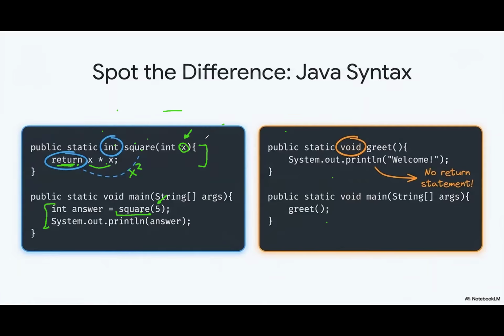So the x value will be as if you are saying x equals 5, because I pass 5 here. Inside, it will multiply the value of 5 by itself. That will result in 25. And then this 25 will be returned to me. So return means that I'm able to save it.